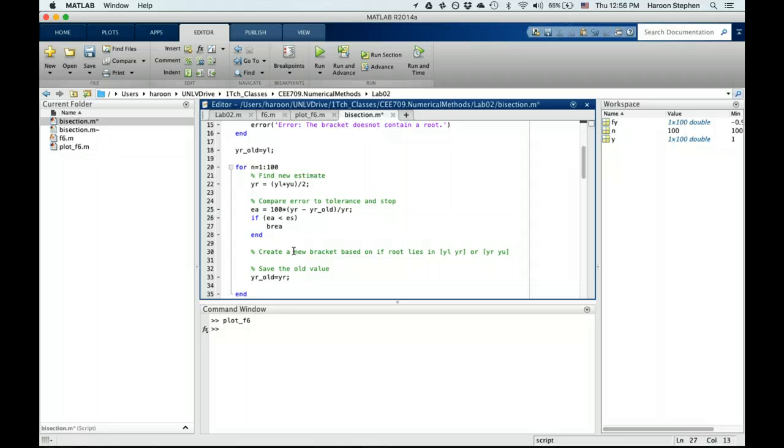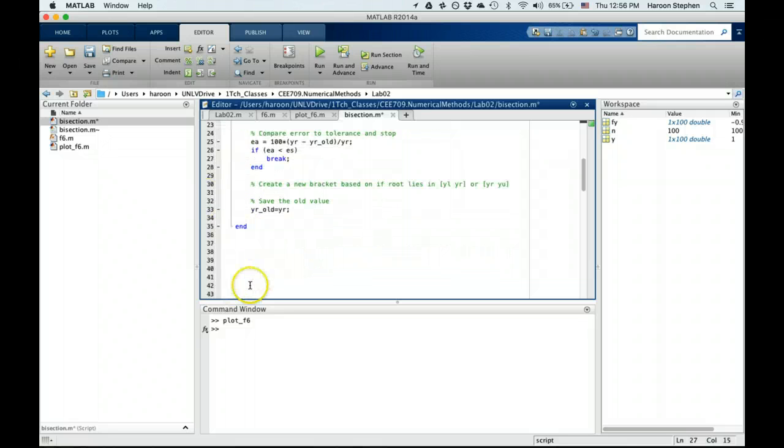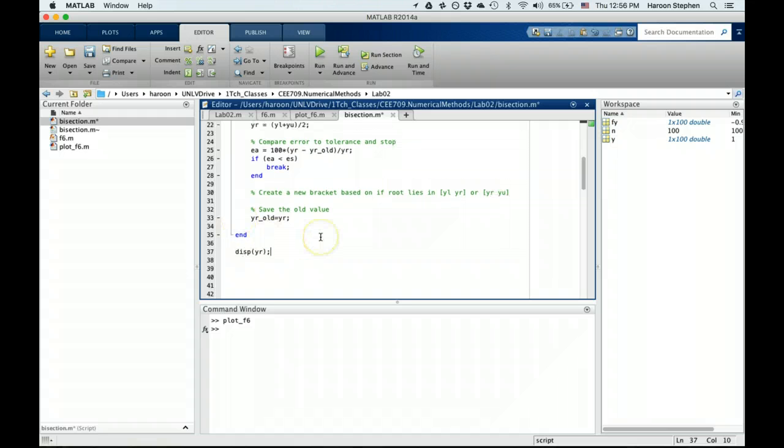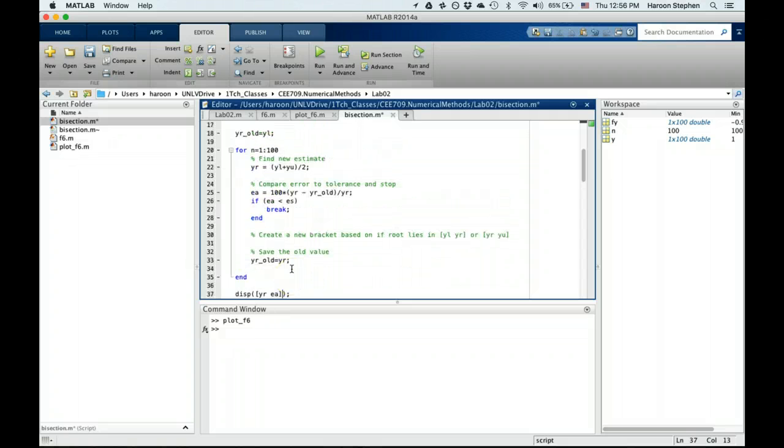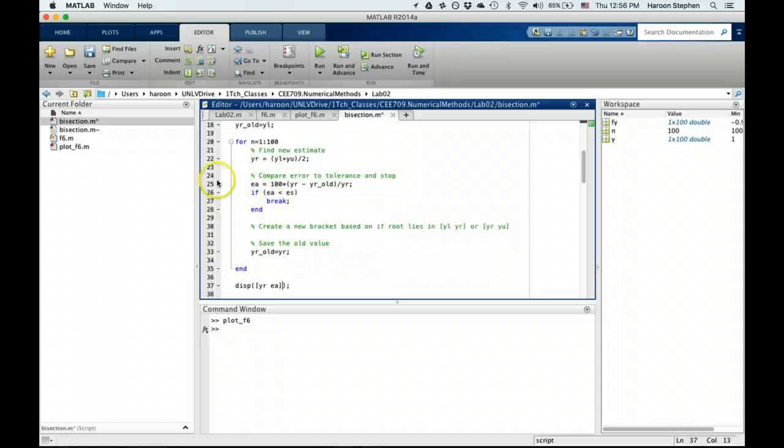Break this for loop and go to the end of this, and right here I can say display my solution. So this is the solution that I will get, and also I can say display the solution and the error so that I know how much error was achieved for the solution. So this part I have done.